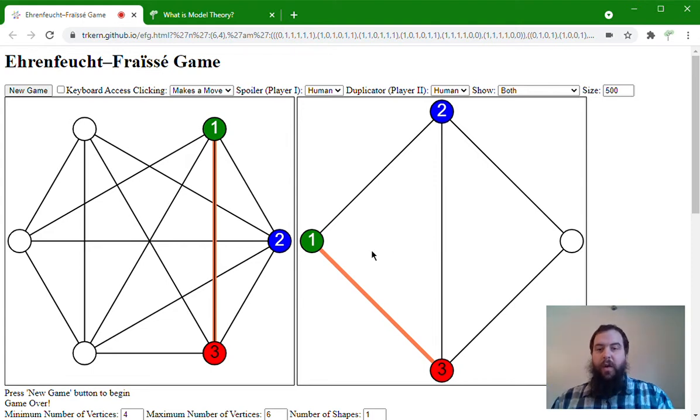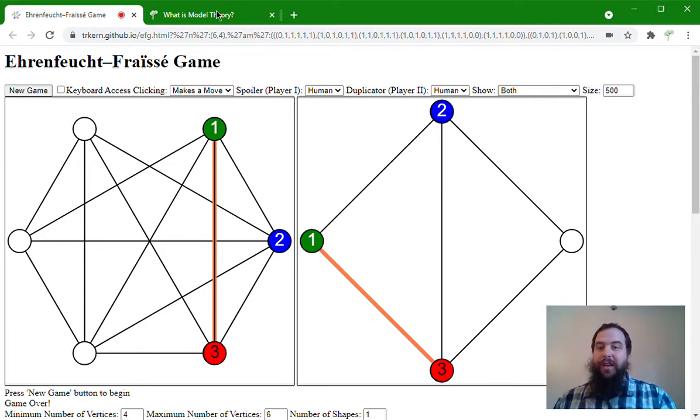And so spoiler played here, and then at that point, duplicator had to match that vertex with another vertex that didn't have degree 1, and at that point, duplicator was already sunk, right? It was only a matter of time before spoiler would be able to exploit that difference. And notice that spoiler was able to exploit that difference in 3 turns.